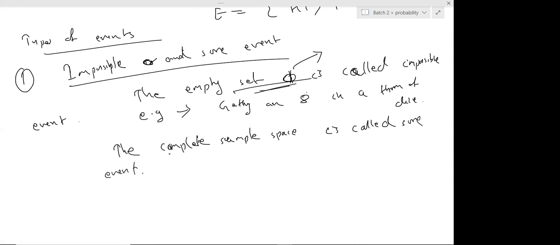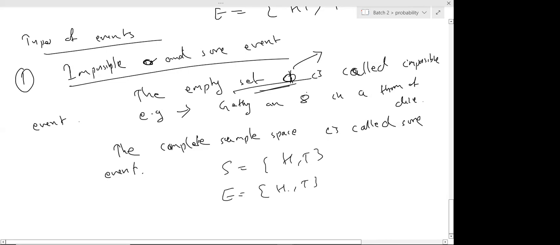At least one element will be there. So if the sample space is heads and tails, tossing a coin, and the event is also getting either heads or tails, then the probability will be 1. That is a sure event. For a sure event, the probability of that event is 1. For an impossible event, the probability is 0. All right, note it down.